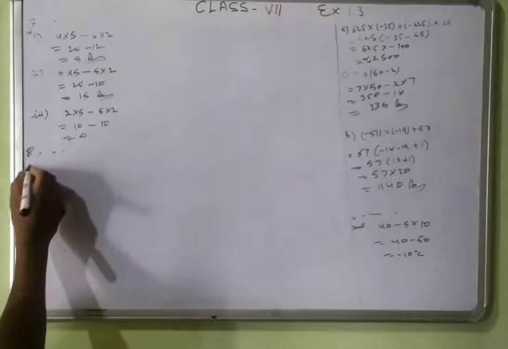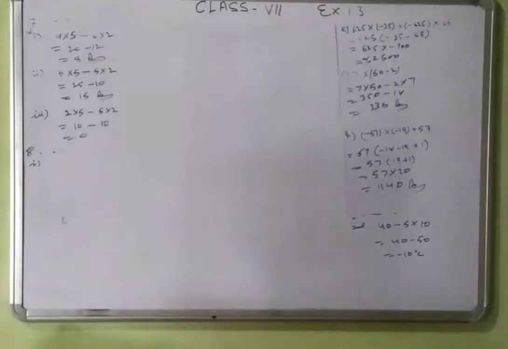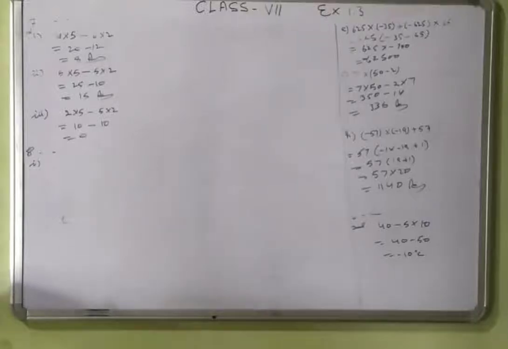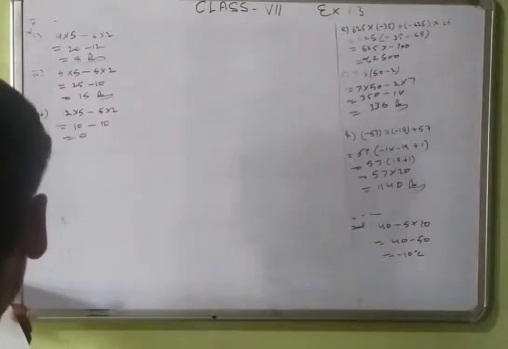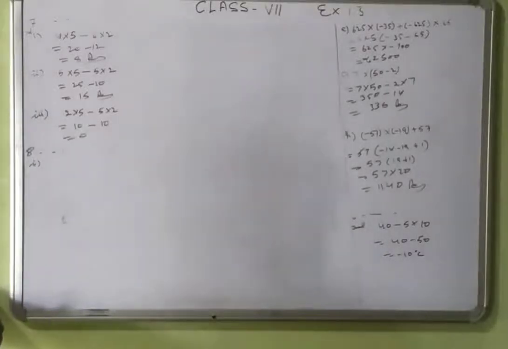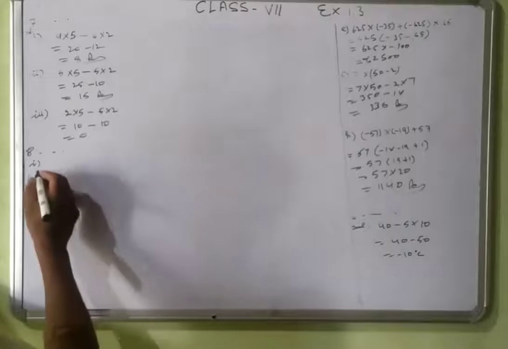8th question, first part. A cement company earns a profit of rupees 8 per bag for white cement, giving a profit, and a loss of 5 per bag for grey cement sold. So first A part is this.